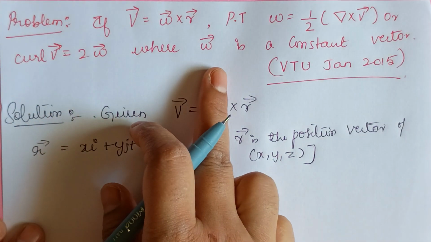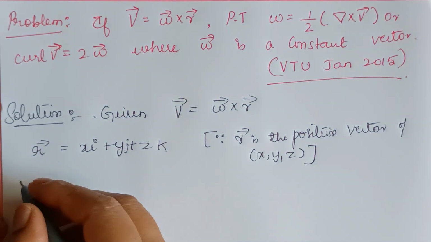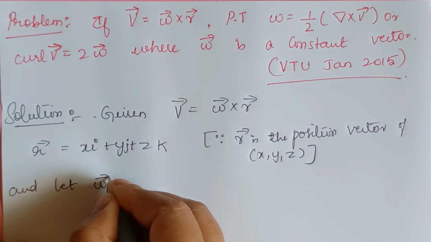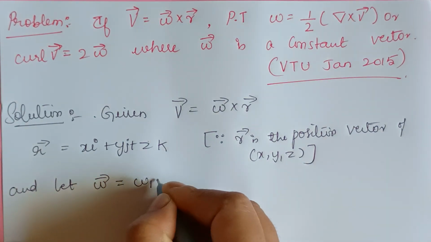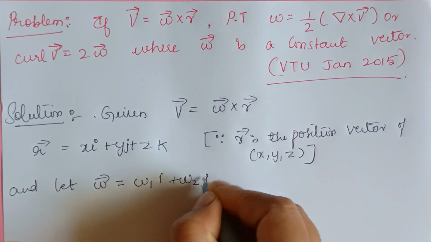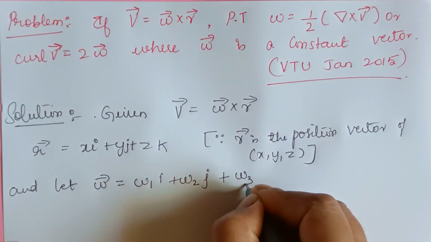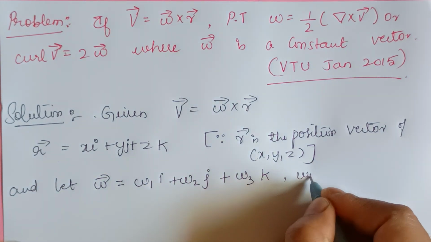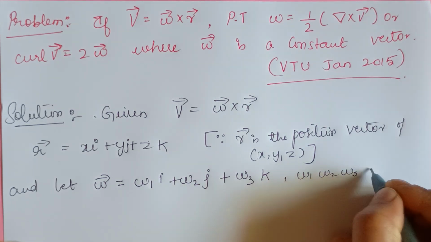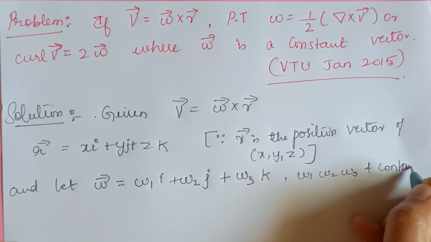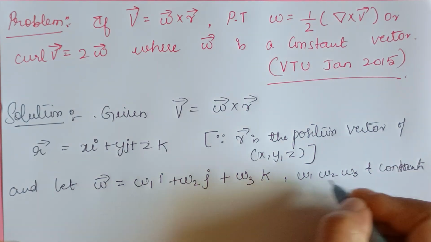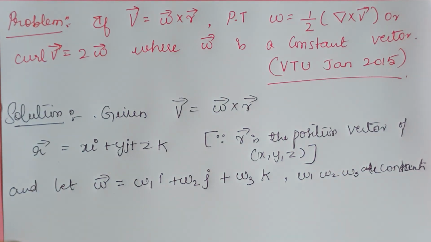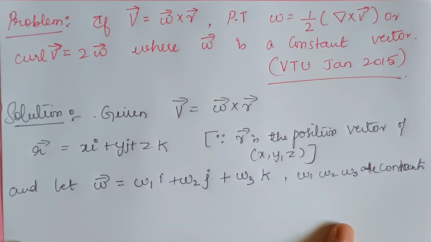We know that vector w is a constant vector, so let vector w be w1 i plus w2 j plus w3 k, where w1, w2, w3 are constants. I hope it is clear till now.